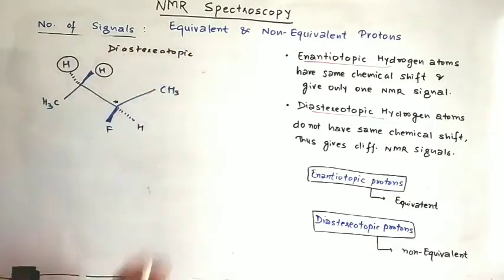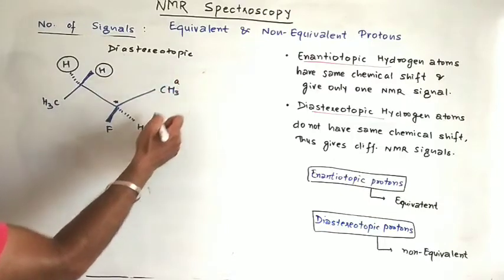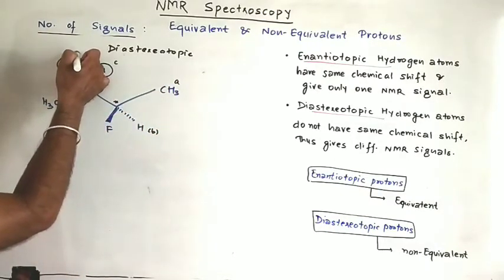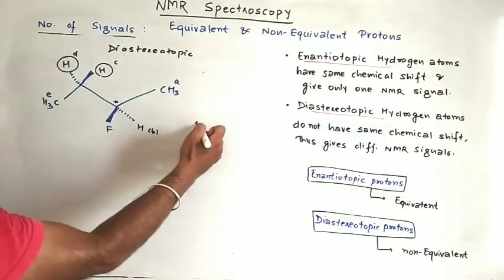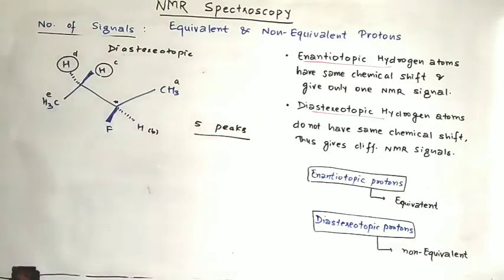If they are diastereotopic, they will give different peaks. So then how many peaks will this compound give? This methyl and this methyl are also not equivalent. A, this will give B, C, D, E. So this compound gives 5 peaks. Again there is a diastereotopic proton, they will give different peaks.